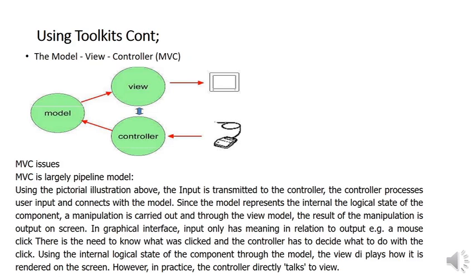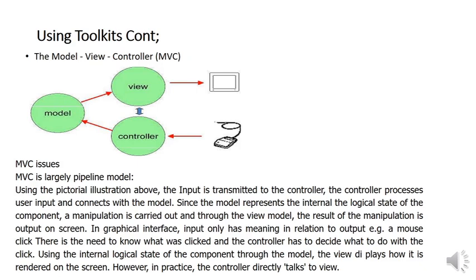Model view controller, I just explained it in the previous slide. So model view issues are the issues that arise between them. It is like a pipeline model. Using the pictorial illustrated above, the input, which is coming from the keyboard, is transmitted to the controller.